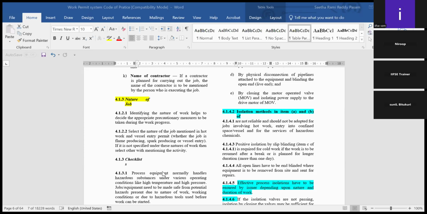Engineering works, continuous hard works that take place even in your workshop, will not be covered under the work permit system. That is where we have to draw a thin line: which activities should follow the work permit, and which activities are not required to follow a work permit system.